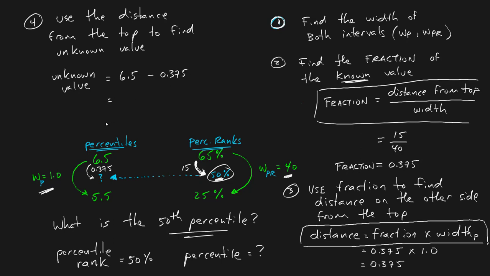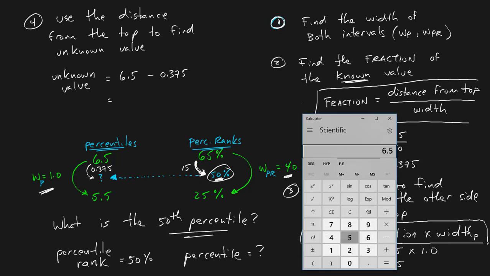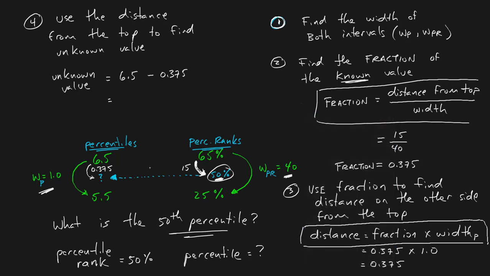And so 6.5 minus 0.375 gives me 6.125. And so that is my answer. It's 6.125. That is the missing value that's over here.